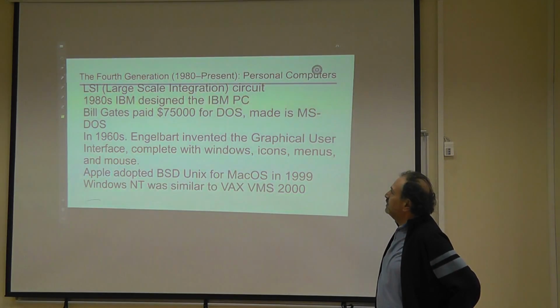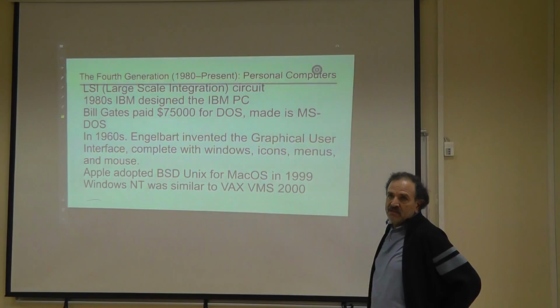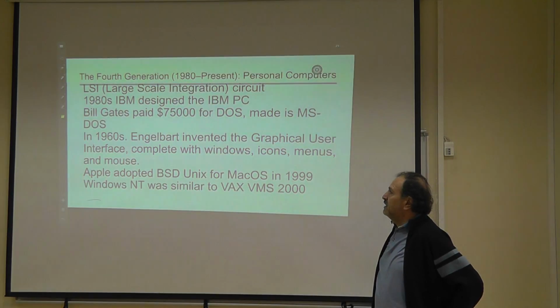He took the opportunity, he made it MS-DOS, and after 1980s, MS-DOS operating system, which was very primitive, had no good graphical user interfaces. Everything was in the form of small programs, but it was very small. You can fit the whole operating system in a 360 kilobytes of floppy disk.